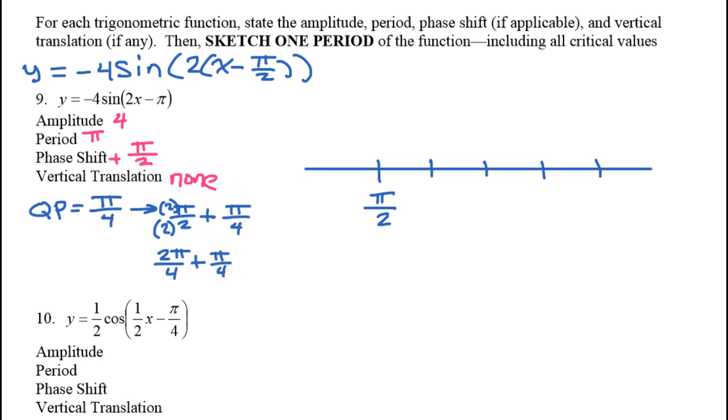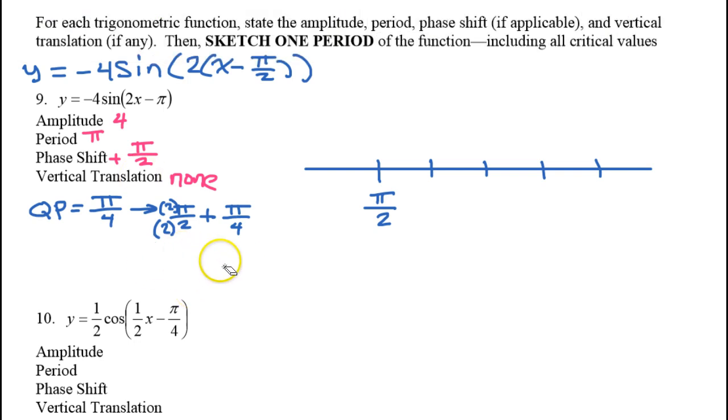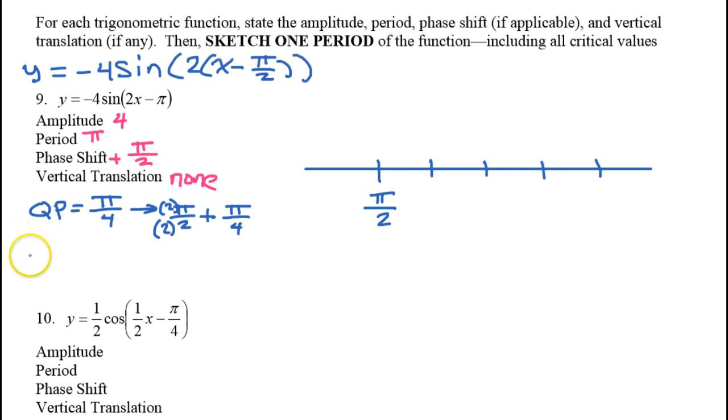I need to leave myself some room, so let me move this over so I don't run into my graph. Okay, so I've got 2 pi over 4 plus pi over 4, and that's going to give me 3 pi over 4. That is going to be my first mark.